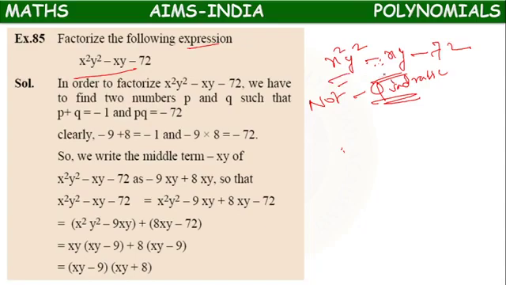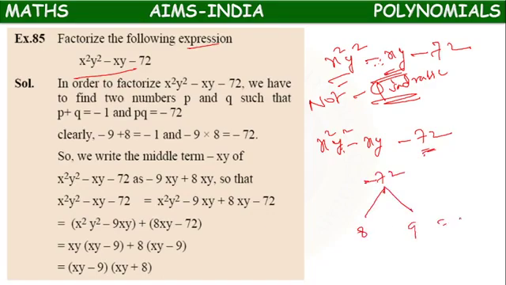So this one directly we can do like quadratic polynomial, because here x square y square minus xy minus 72. So here 72, we can split 8 into 9 such that sum will be equal to minus xy, minus 1.